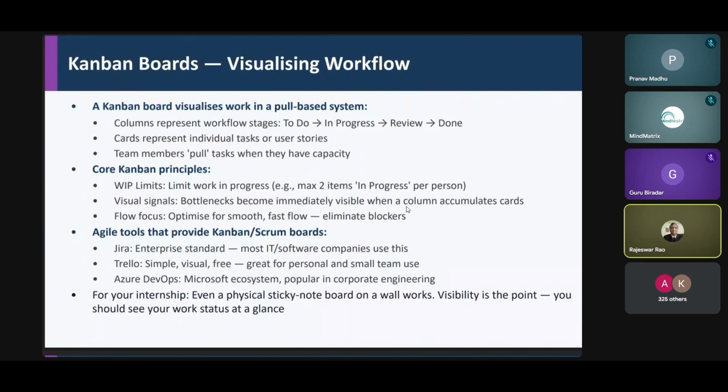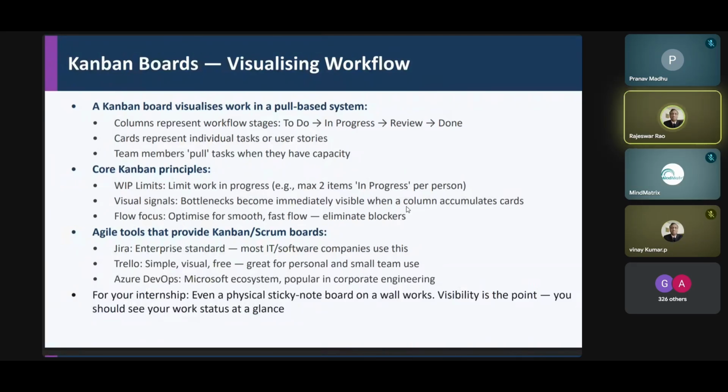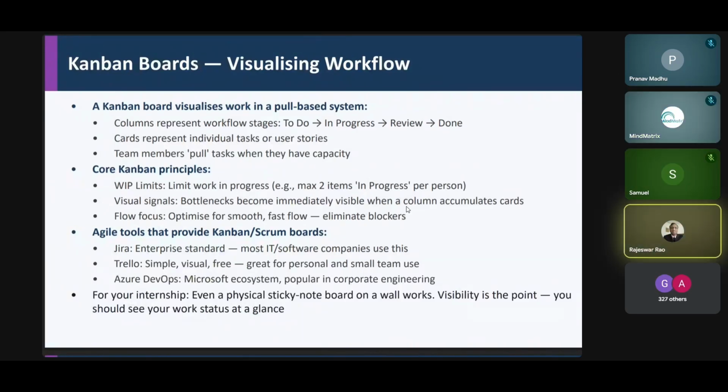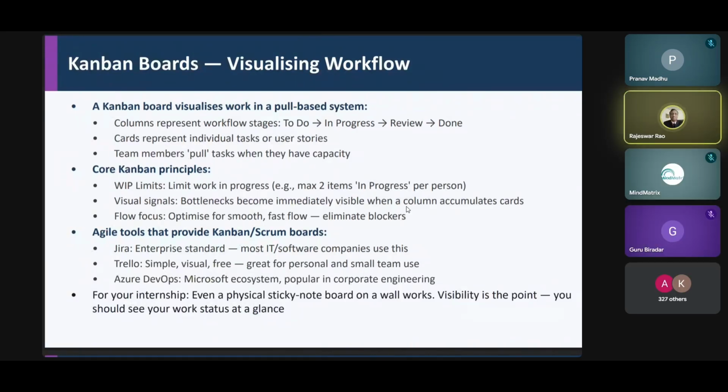So Kanban as a visual workflow is not necessarily an IT development workflow or any manufacturing workflow. It can become actually a part of your life, a day-to-day life in managing your everyday life. What are you going to do today? What are you going to do tomorrow? Today everything is part of my calendar, and I don't remember.